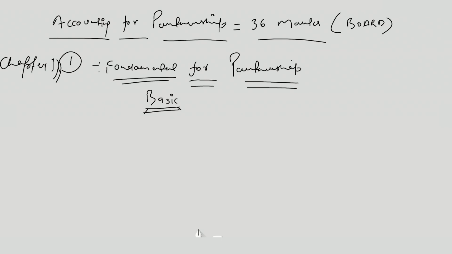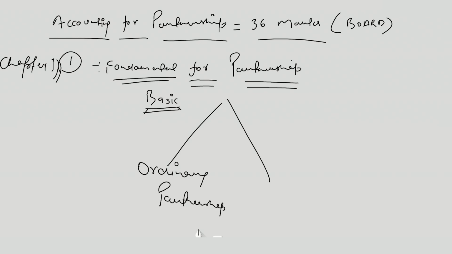What are the various types of partnership practised in India? Basically there are two types of partnerships: number one is ordinary partnership and number two is LLP. In this chapter you have to look at your surroundings, at the market.